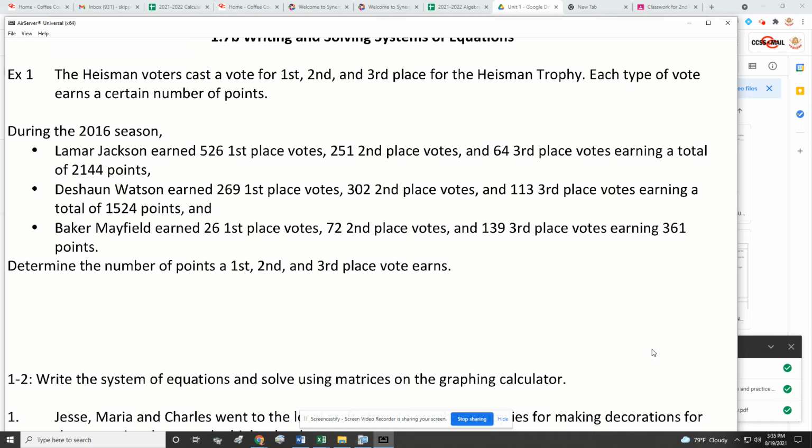So what I'm going to do is I'm going to have X be the points for first, Y the points for second, and Z the points for third place. So I'm just going to start off with Lamar Jackson, and he got 526 first place votes, so that's going to be 526X.